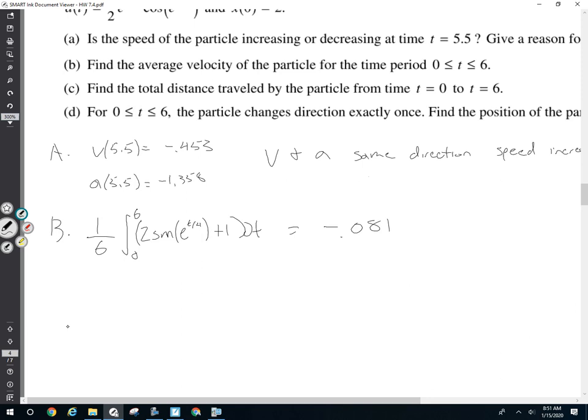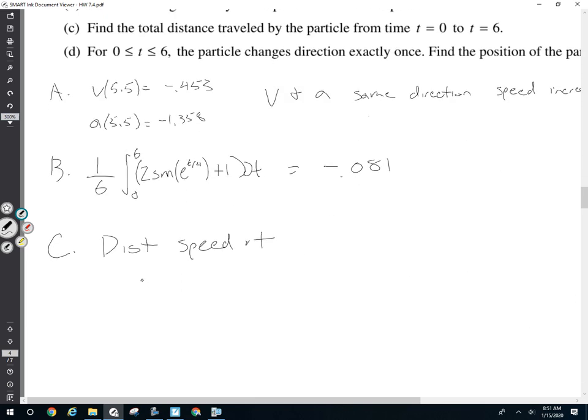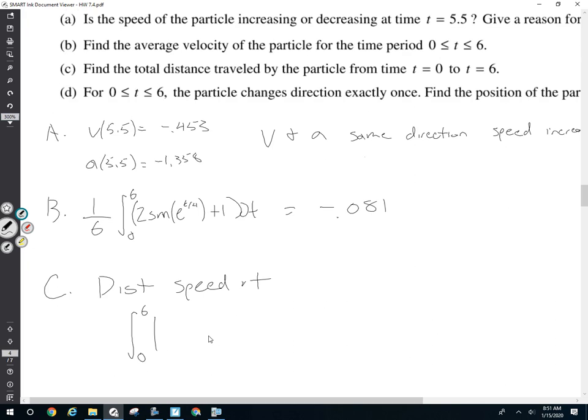Part C, find the total distance. Distance is speed times time. You have your calculator. Sweet. Distance is the integral of your speed times your time. Use an absolute value. Put your velocity inside the absolute value.